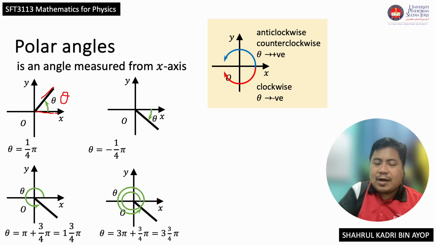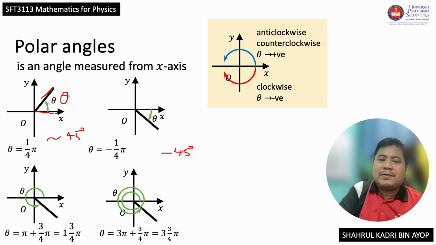This is 1/4 pi, which is about 45 degree. But when you put it here, even though it is 45, you have to write it as minus 45 or negative 1/4 pi. So this is called a polar angle.